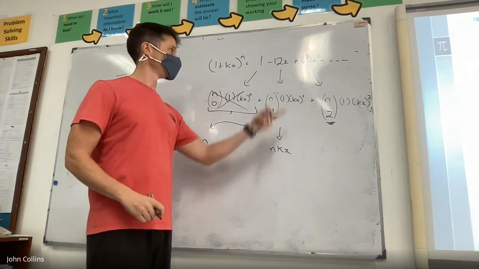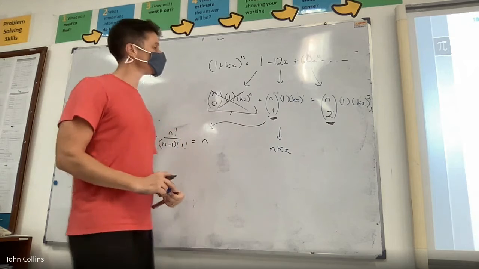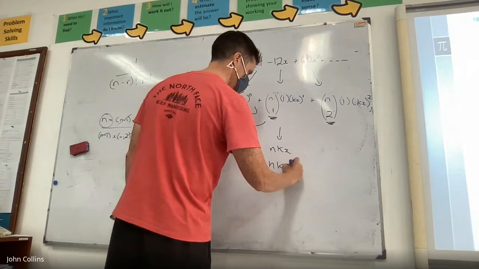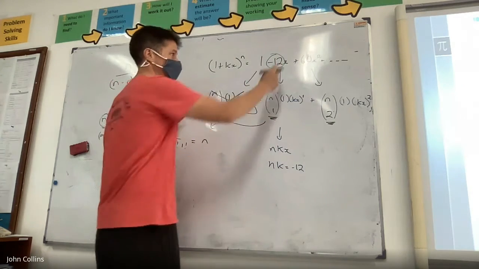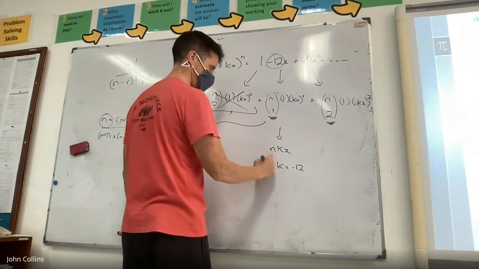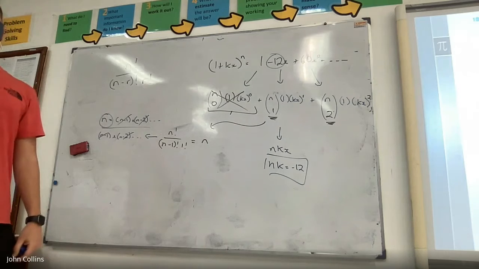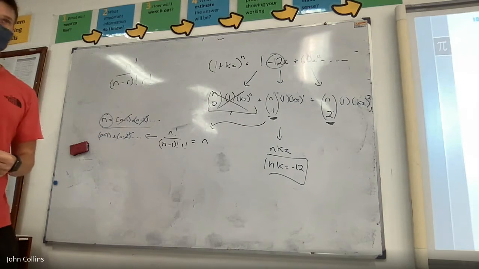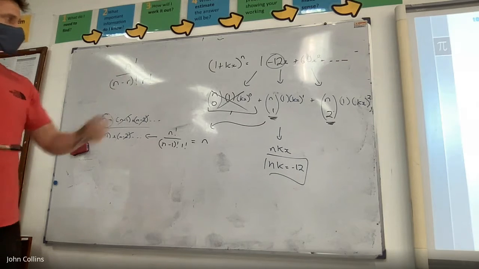When you multiply them together, you get negative 12. N times k. So what can I glean from this? N times k is negative 12 from this piece of information here. I know the x is there. Okay, that's something. That's one equation, two unknowns. Perhaps I need to find a second equation, which I can't get from the other thing. This may be a bit faster. N choose 2.